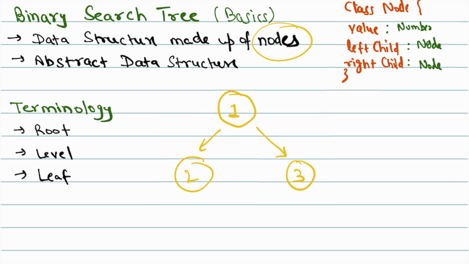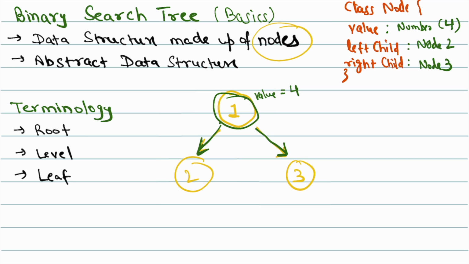If you see our first node, let's say the value of this node is the number 4. The left child that this node is pointing to is node number 2, and the right child it's pointing to is node 3, and the value is 4. So this is how a node is defined.